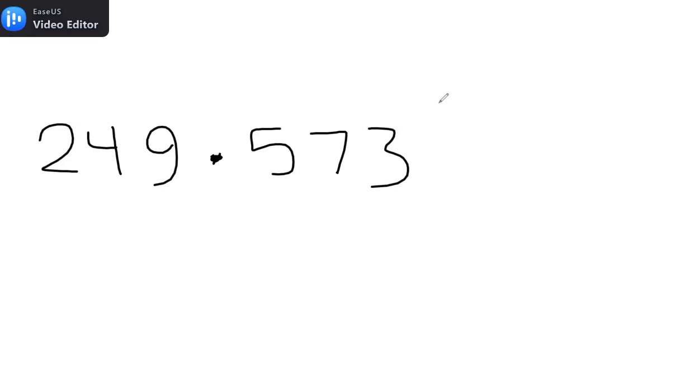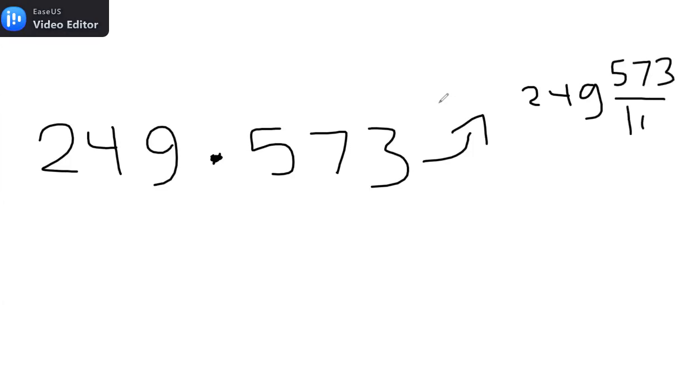Because if we convert it back to its original form, we find 249 and 573 over 1,000.